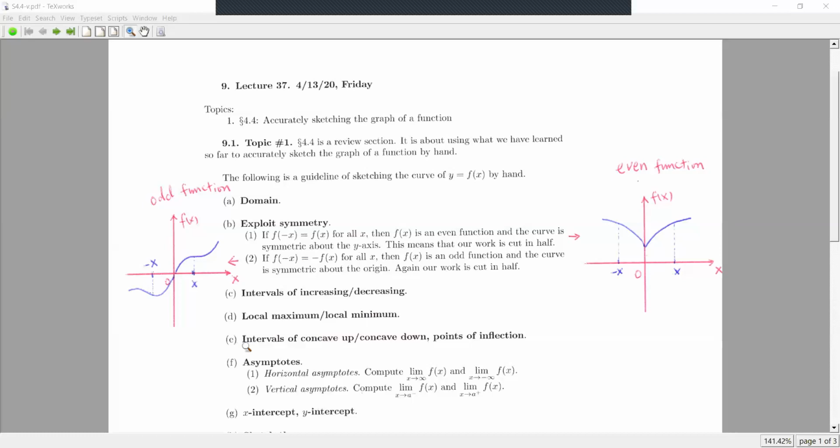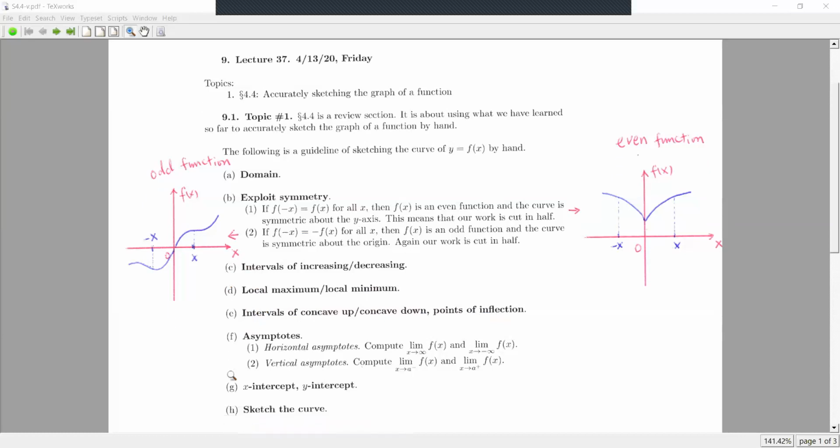Step number 5, determine where the function is concave up, where it is concave down. Then determine points of inflection. These 3 steps, we learned them in the last section, 4.3.